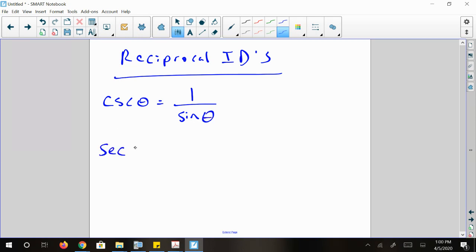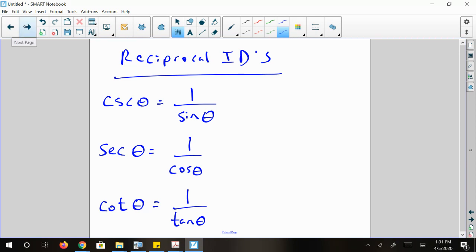Secant of theta is the same thing as 1 over cosine of theta. And you probably won't need it, but we'll note it anyway: cotangent of theta is the same thing as 1 over tangent of theta. If you ever need to use these, you definitely can. You will see times where we'll need to use those today.